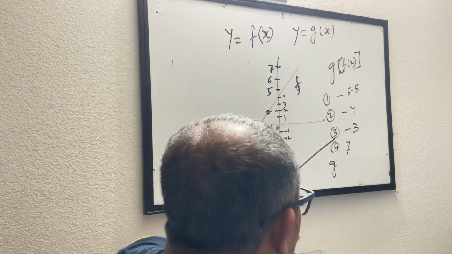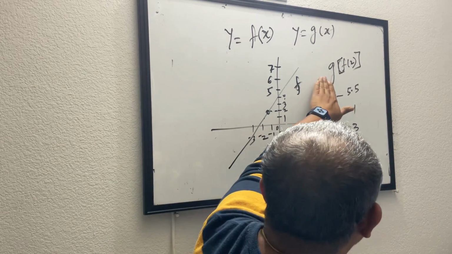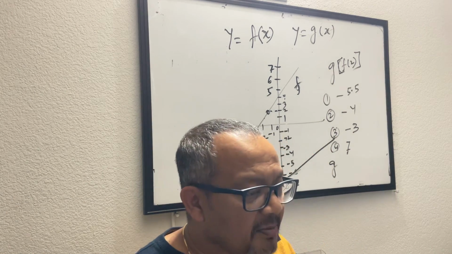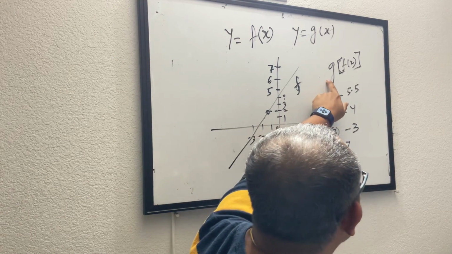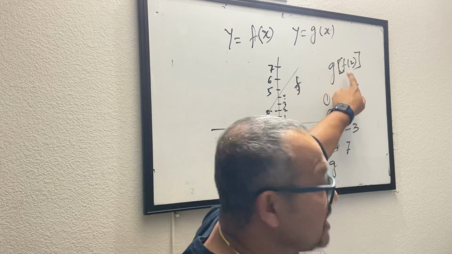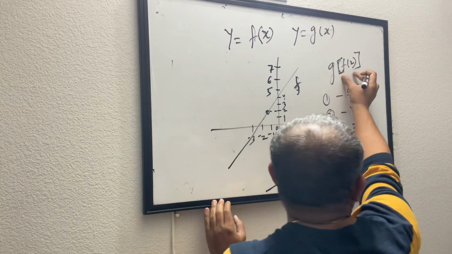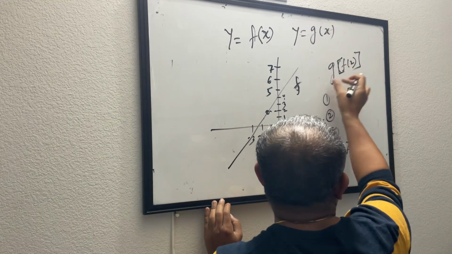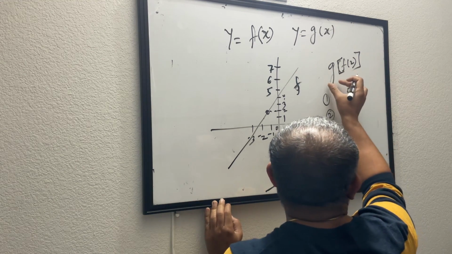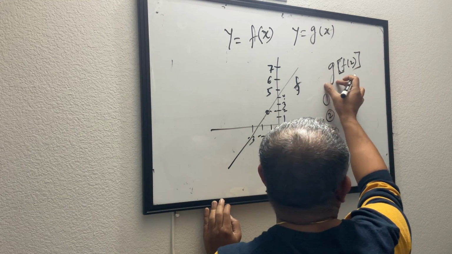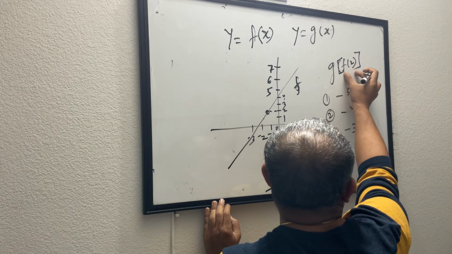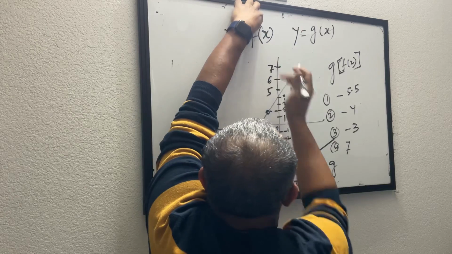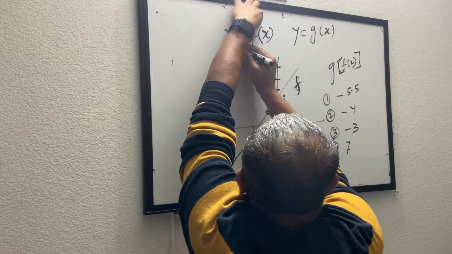So now it says find g of f of x. This is the basic premise of a composite function. We are composing function g and function f together. If you read this, g of f of 2 means the function g has an input which comes as an output from f of 2. Let's see what f of 2 is. f of 2 means when x is 2, what is the value of y?